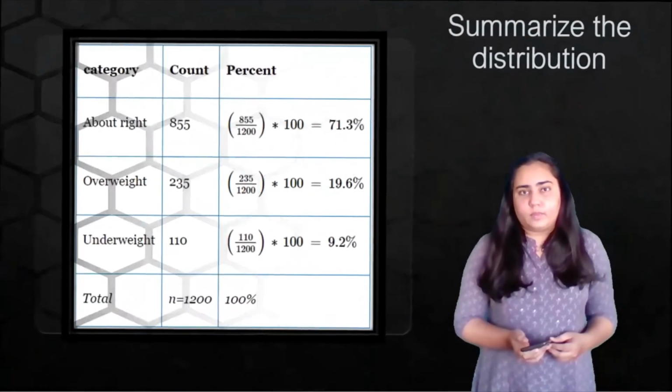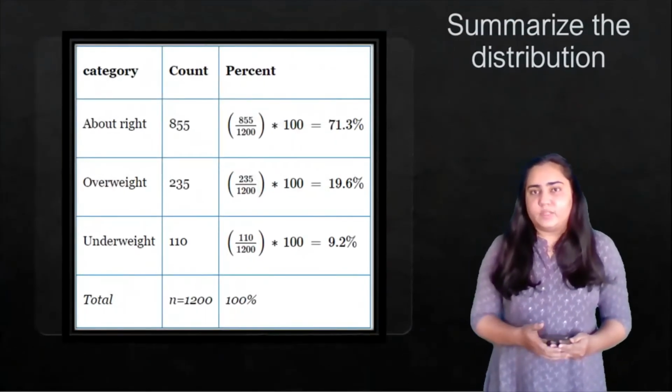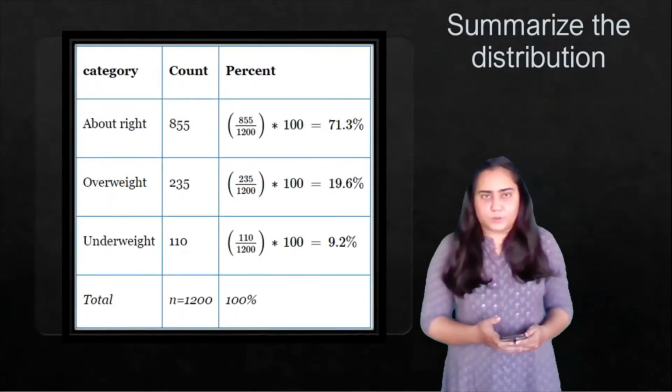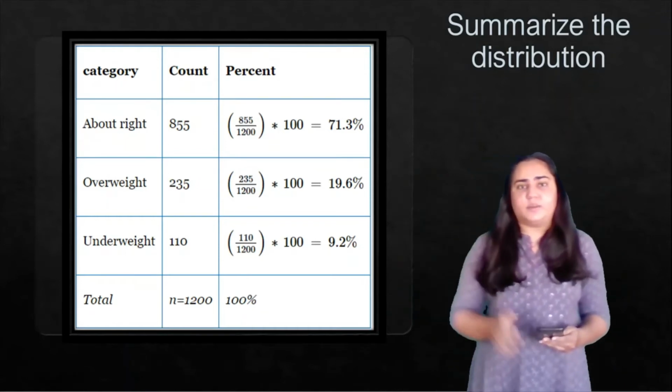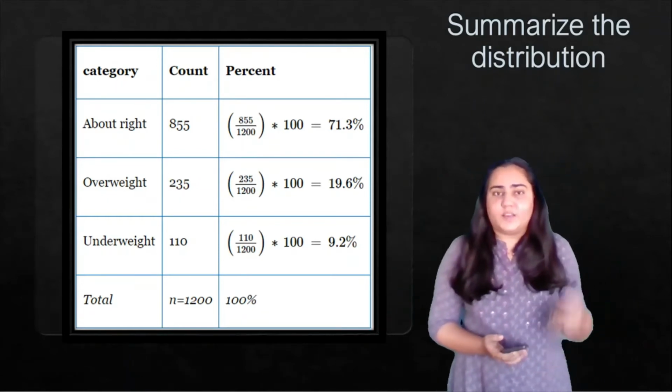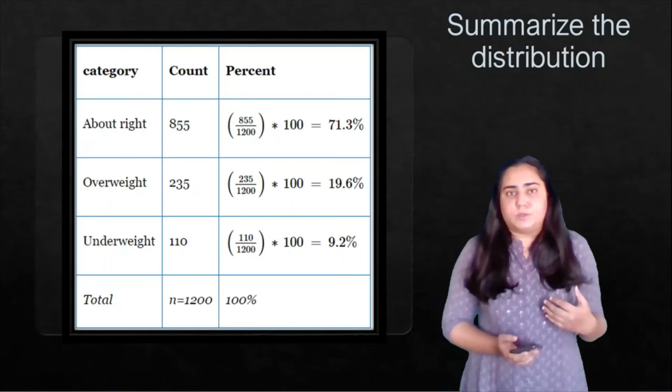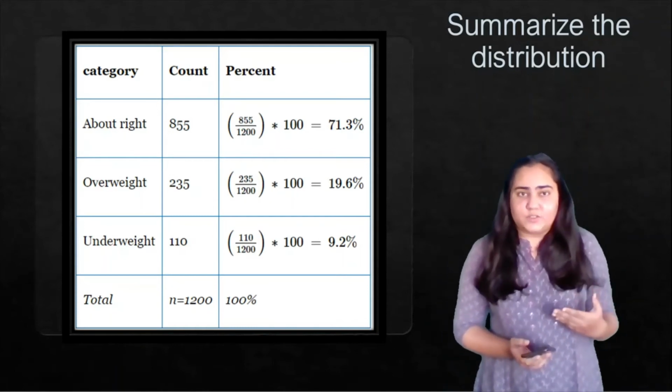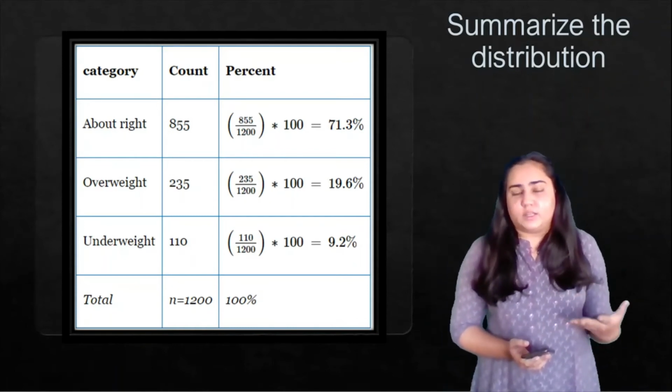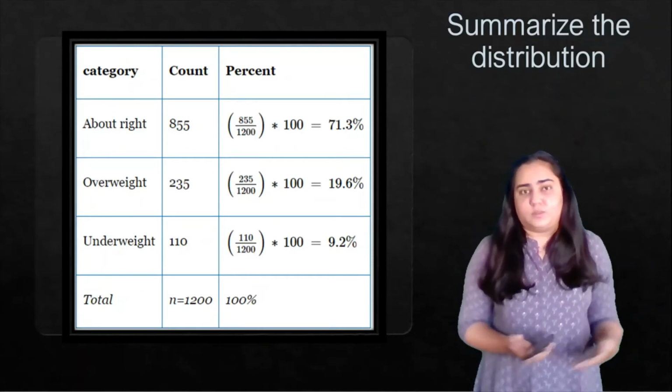So this is what you can do. This is how you can summarize your distribution. And you can see right up there, we have summarized the distribution by finding out what percentage of students found that their weight was about right.